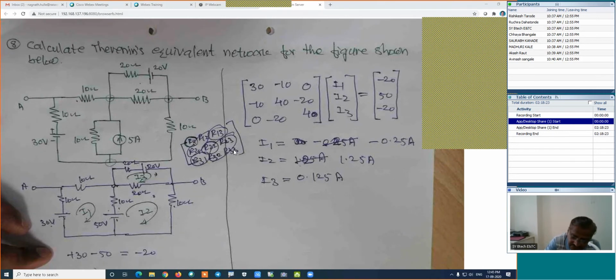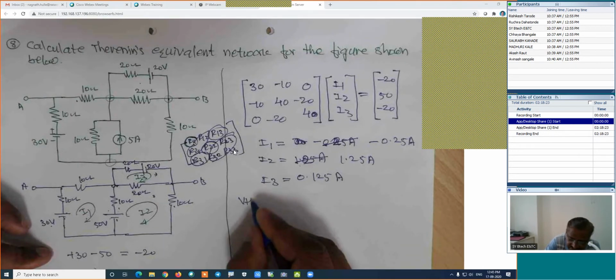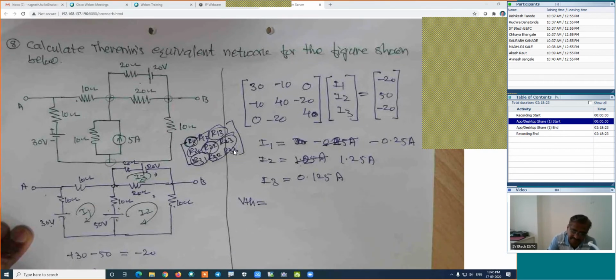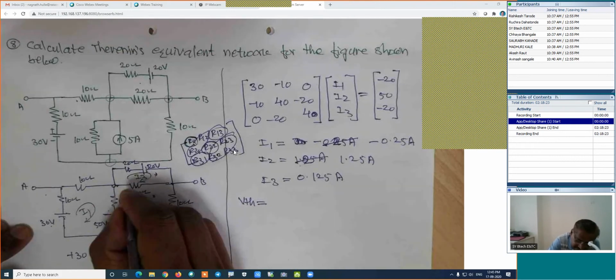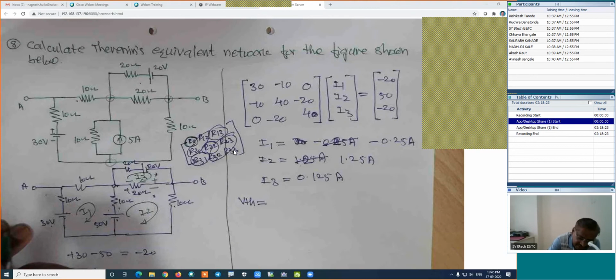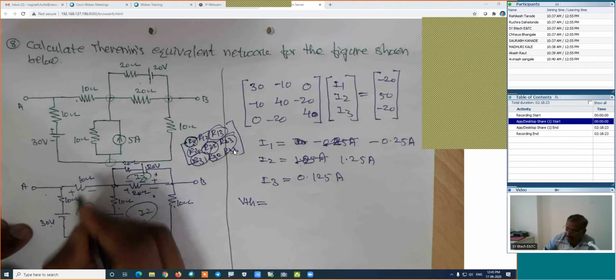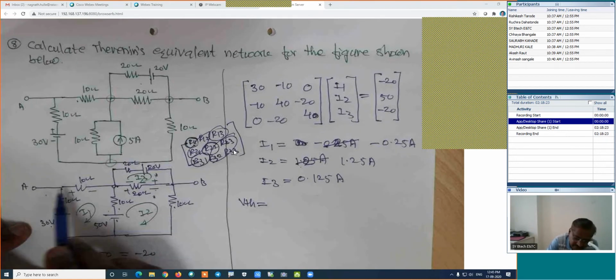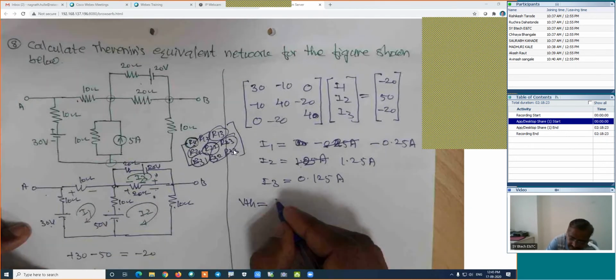Now we will find out the VTH, which is equal to. I will travel from B towards A. Before that, as per this, it will be plus and minus because I2 is flowing. This is I3, so these terminals will be from I3, and these terminals from I1. I am following these sign conventions, traveling from B towards A by negative to positive, plus. This is plus.